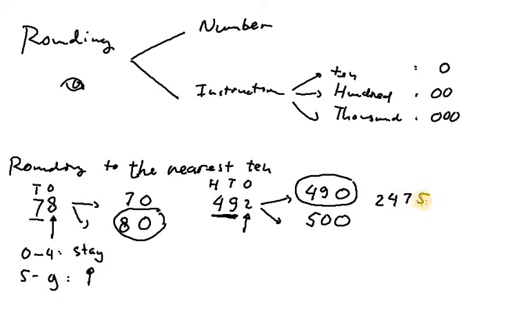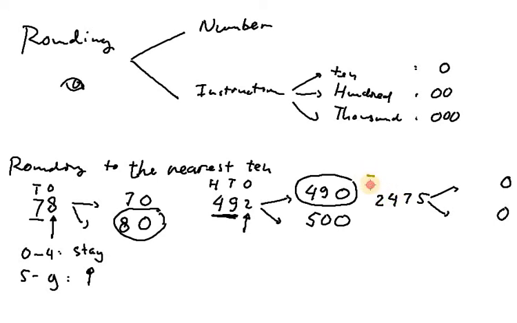2475. As we need to know the instruction also, nearest 10, it means one 0. You see this one is 4 digits, and this one has only 1 digit. So we need to make sure that they have the same amount of digits.